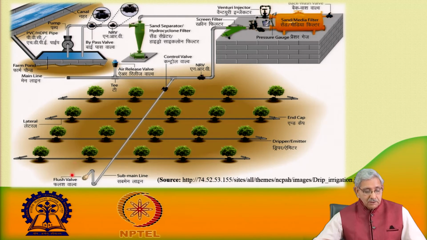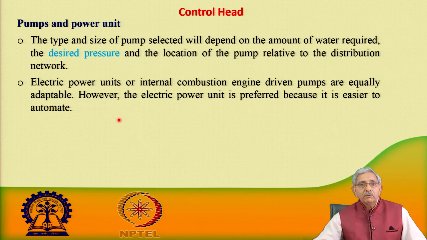In order to flush the water from the sub main pipeline, there is a flush valve. Similarly, there will be a flush valve attached in the main pipeline. In order to terminate the lateral pipeline, an end plug is attached, and as and when we want to flush the water and clean the drip lateral, these end plugs are opened to flush the pipeline. So, this is in brief about this particular diagram.